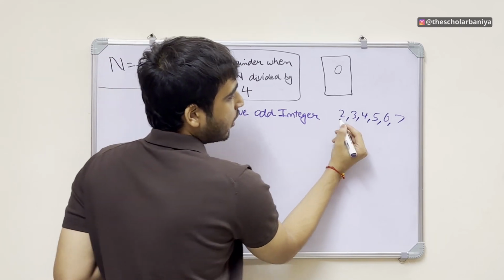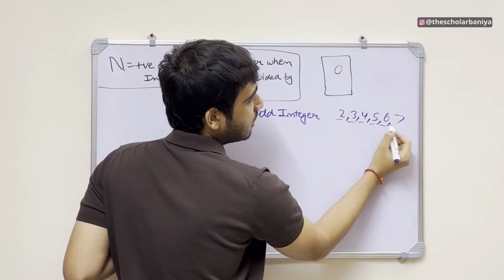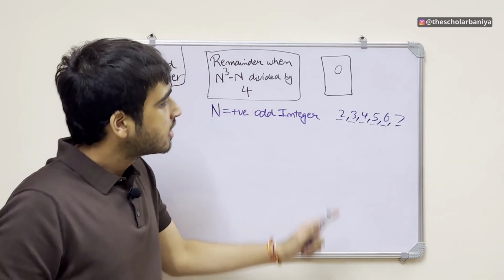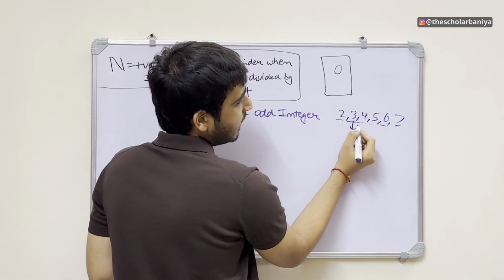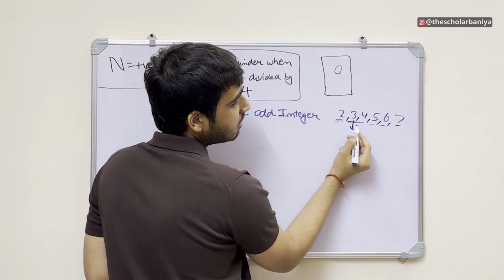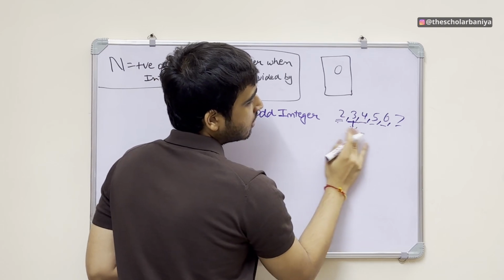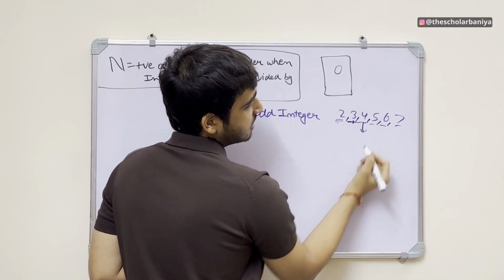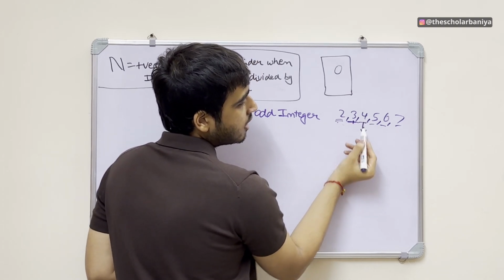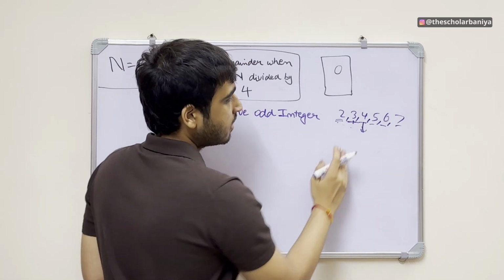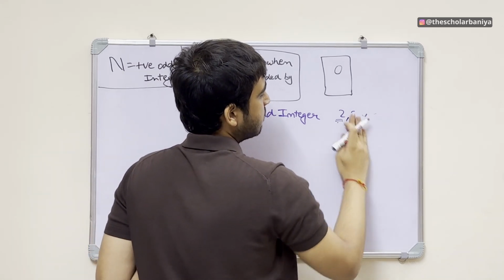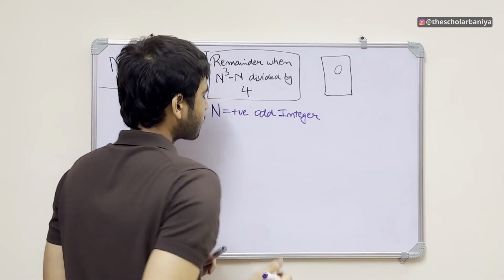Because it goes even, odd, even, odd, even, odd. Now let's suppose we take this 4, which is even. So one number before this will be odd and one number after this will be odd, right? This is something very basic. I think you should be understanding this.